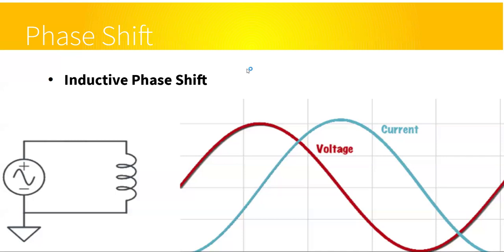Which is why they work differently, where the capacitor will hold it. Even if you take the voltage away, if there's no way for it to discharge, it'll maintain the voltage. The inductor requires current flow. And as soon as the current increases or decreases, it changes the magnetic field.